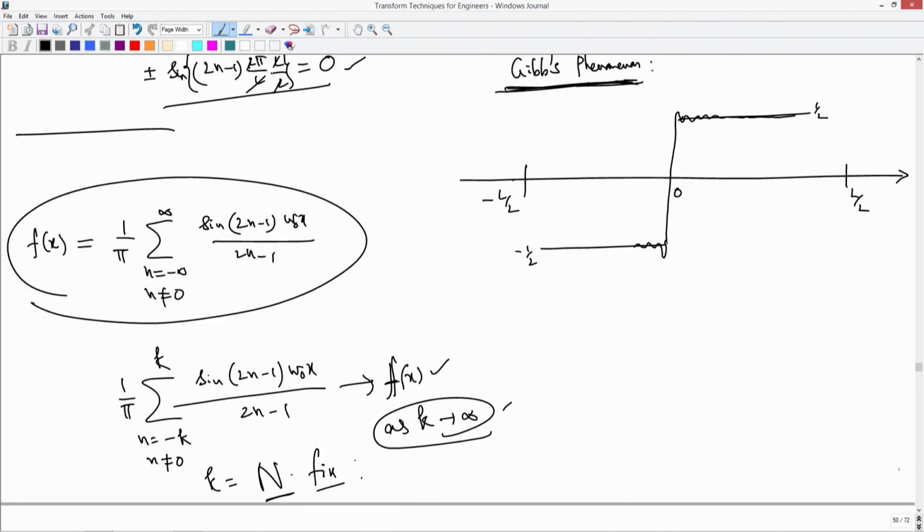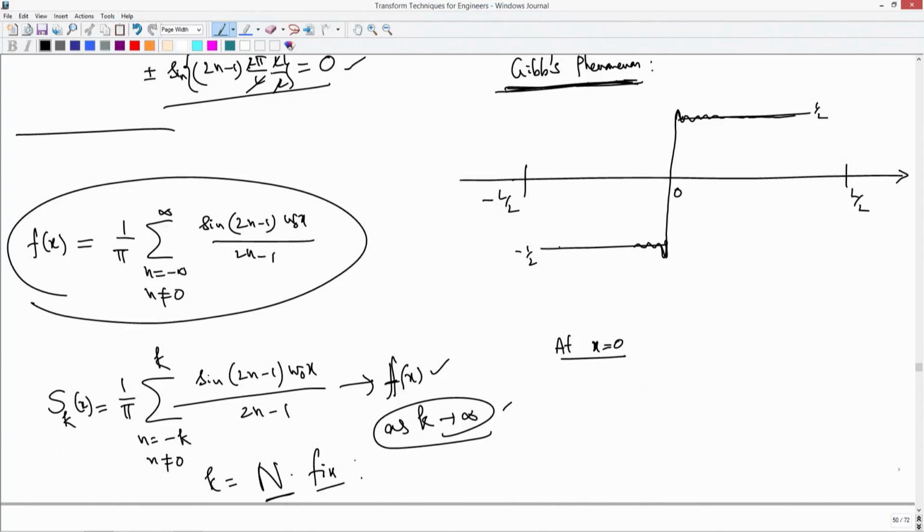So, at the point of discontinuity 0, there is a jump here, and at x equal to 0 you see an overshoot of this finite sum. If you call it S_k(x), there is an overshoot as x goes to 0 from the plus side, and there is also an overshoot here.